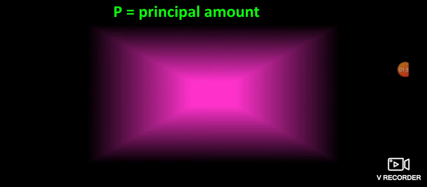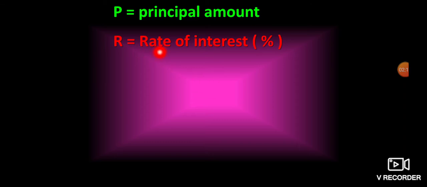Then some points here. You can see P equal to principal amount. Principal amount means borrowed or invested money. The short form is capital letter P. Next, R equal to rate of interest. Rate of interest means every bank gives us some interest rate for 1 year or 2 years.